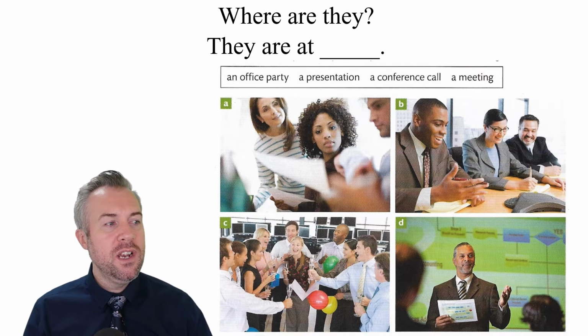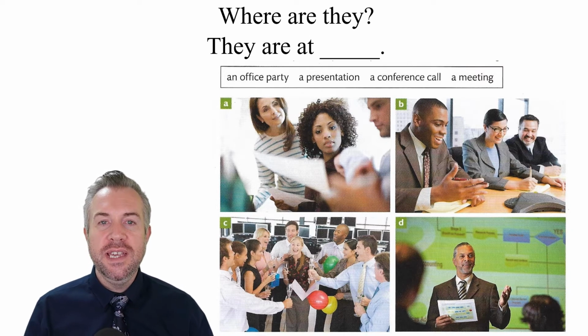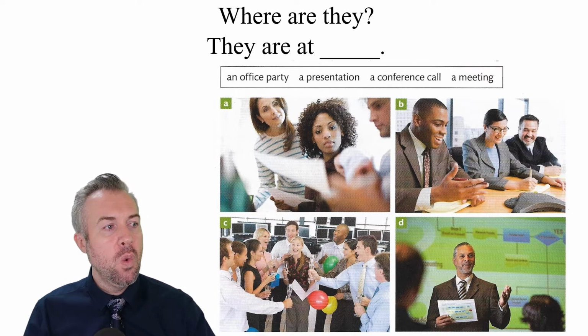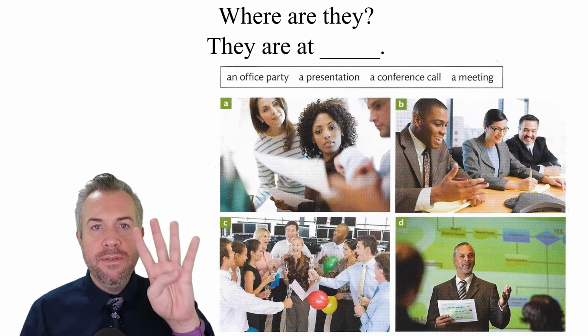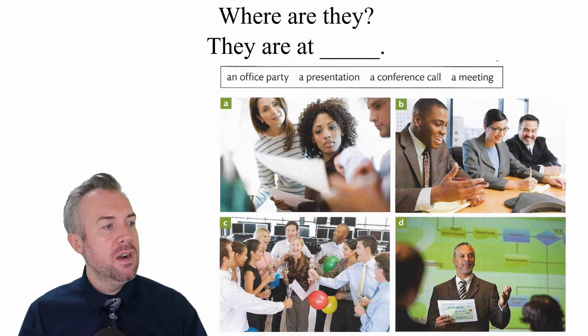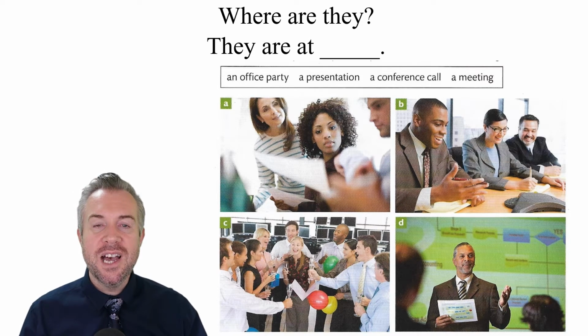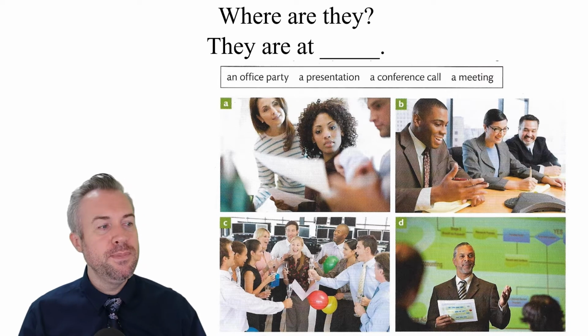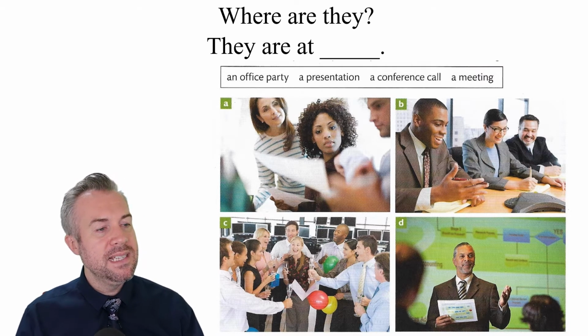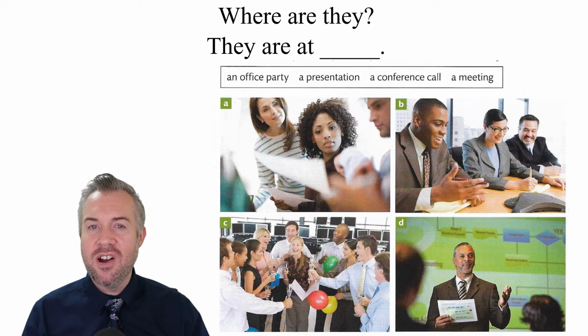So what is the location of these schedules? We have 4 choices. They are an office party, a presentation, a conference call, and a meeting. So have a look at these pictures and decide where they are.